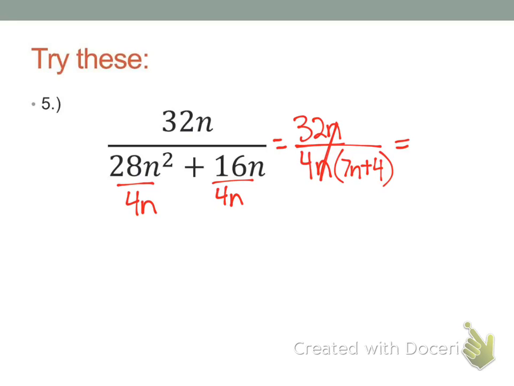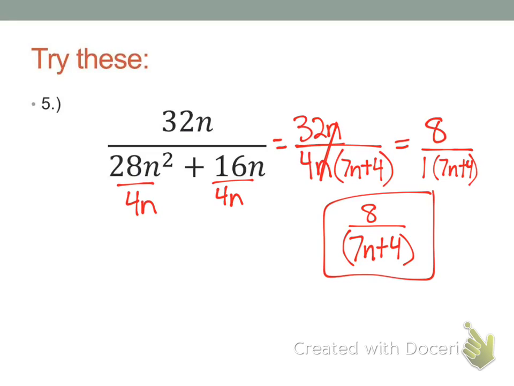An 8. So we have an 8 left in the numerator. What about the 4? What would it turn into? A 1. So we don't really have to write it because 1 times, what else is left down there? 7n plus 4. That's the same as it just being 8 over 7n plus 4, with or without the parentheses in the bottom. I like to leave them on, but you don't have to have them in the very end.